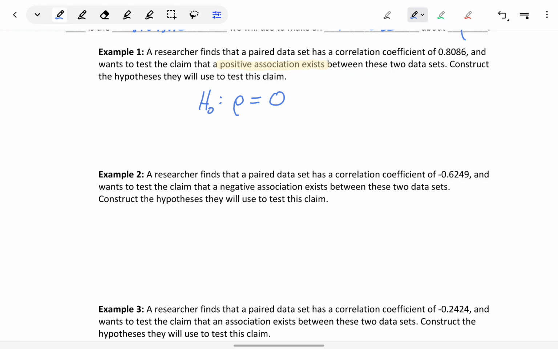That will be our starting assumption, and it will be the same for every hypothesis test we conduct regarding association and correlations. The alternative in this case would be that rho, the population correlation coefficient, is greater than 0, meaning a positive association exists.